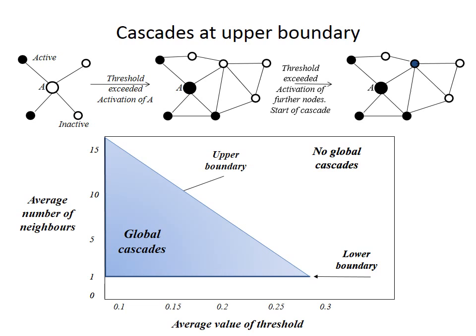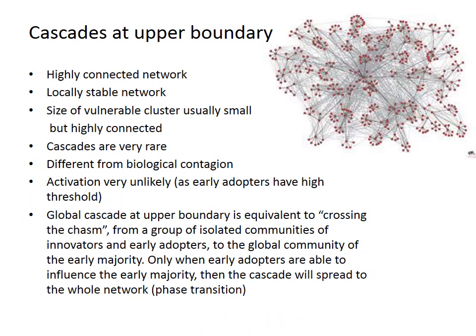Now, when we are at the upper boundary, we are under the conditions of a highly connected network. Having many neighbors means that it's extremely unlikely that there are parts of the network that are isolated. This is a very connected network in which individuals are on average connected to many other individuals.